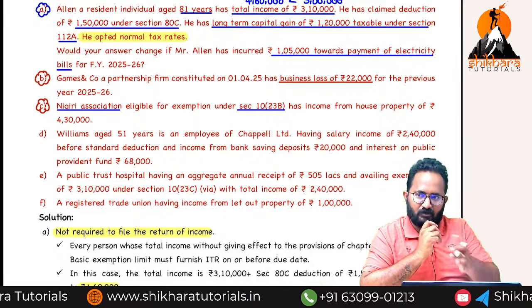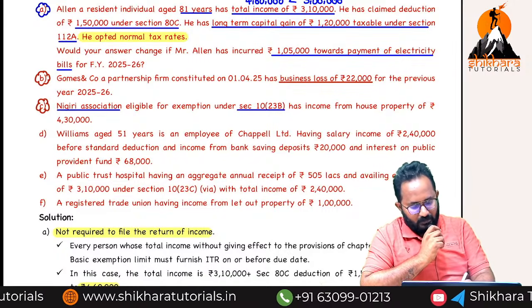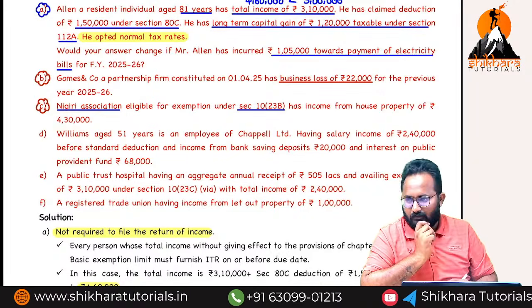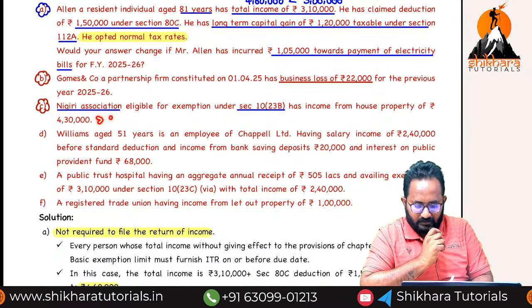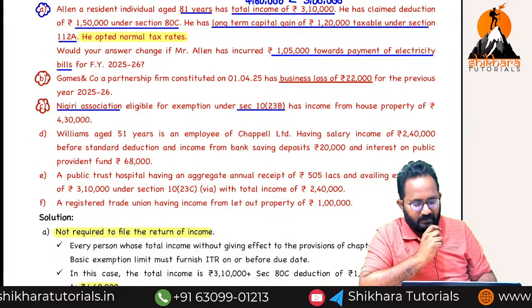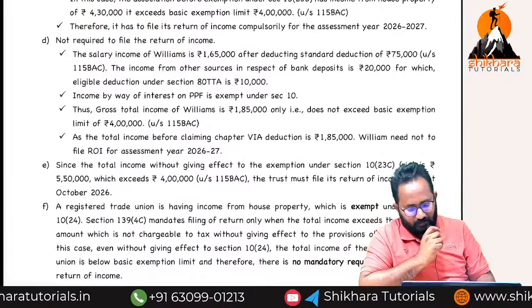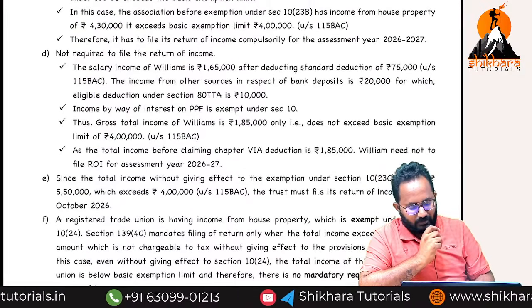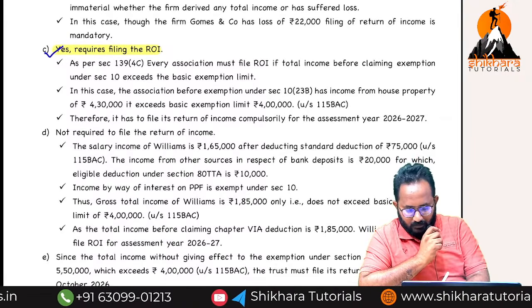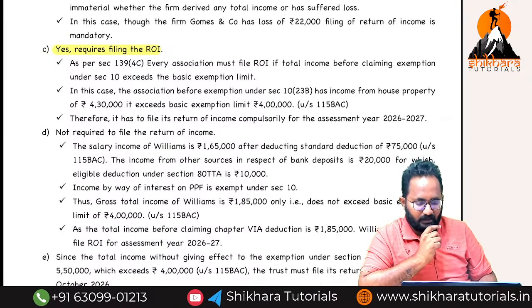Just assume 115BAC. Even then it is more than 4 lakh. If you follow the old regime, that is more than 2.5 lakh. In this case, is that association required to file the return or not? Required to file. Yes, they are required to file the return.